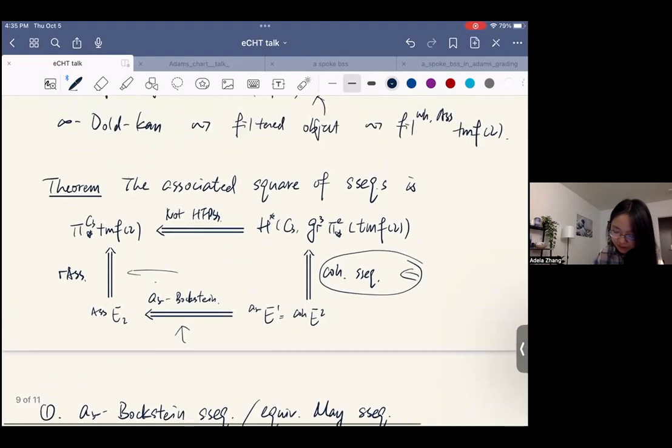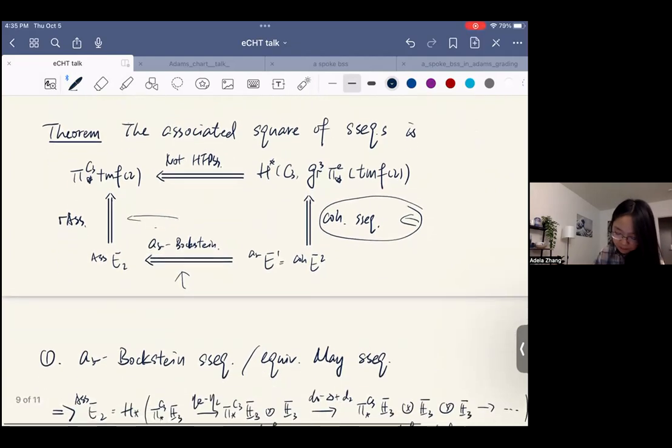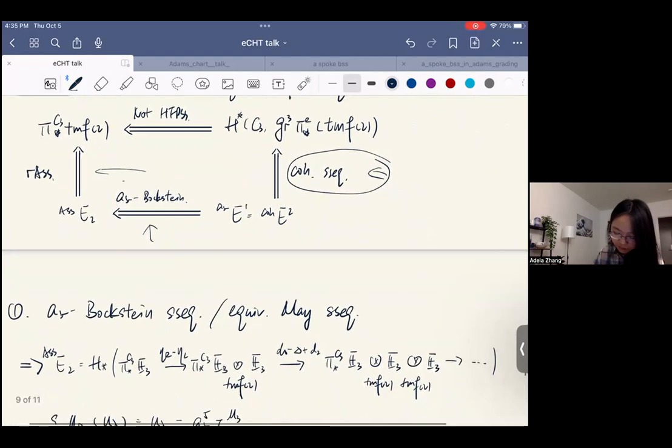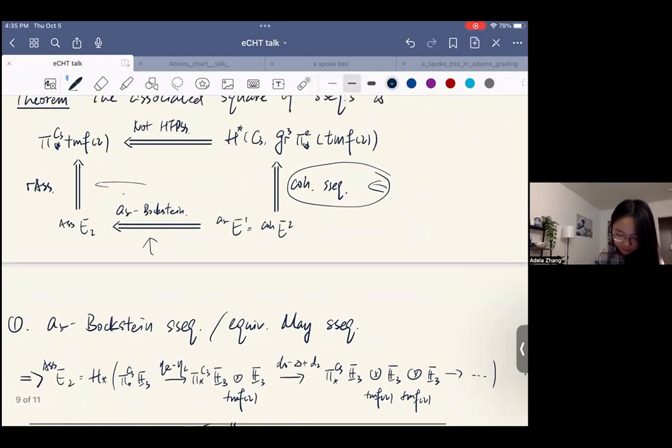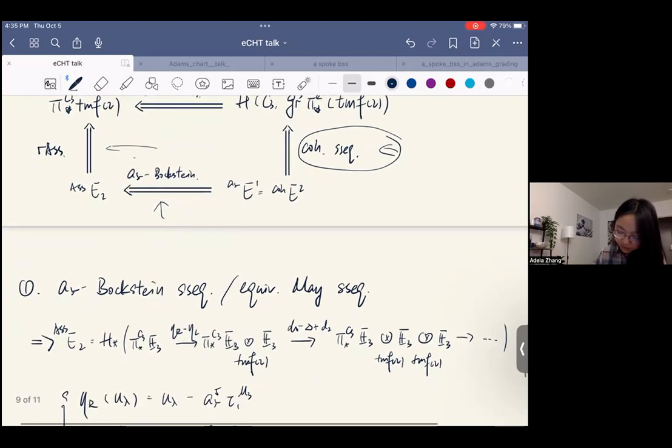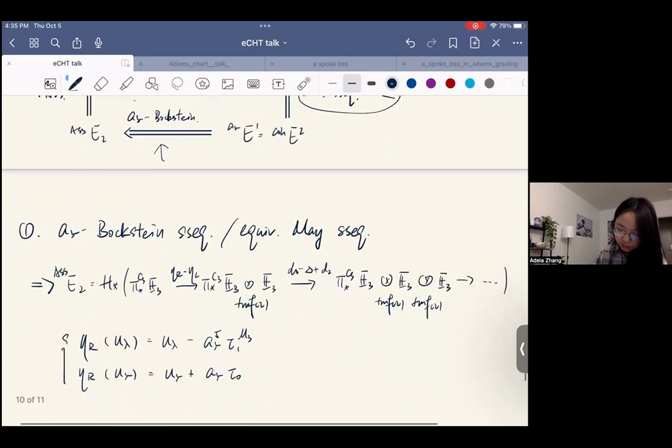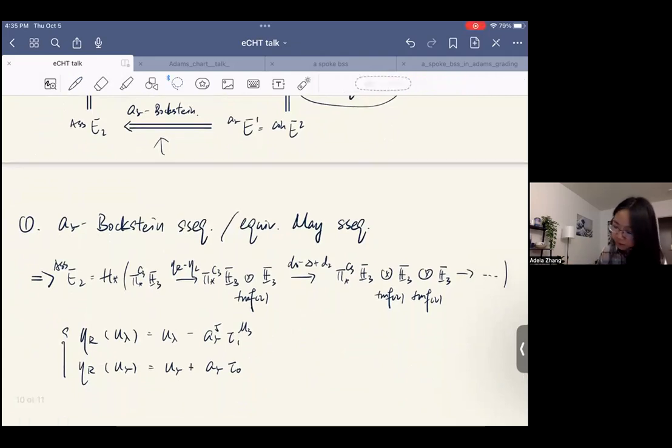So maybe let's first explain more precisely what this A4 Bockstein spectral sequence is, also known as the equivariant May spectral sequence. This is the E2 page of the Adams spectral sequence, homology of this cochain complex with some non-trivial differentials in it, and the right unit is given by these two things. So the A4 Bockstein spectral sequence is obtained by filtering away the right unit.